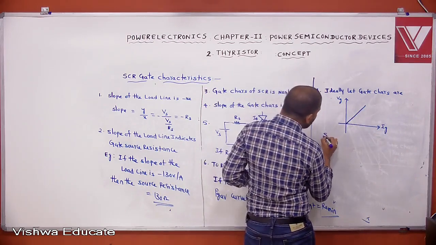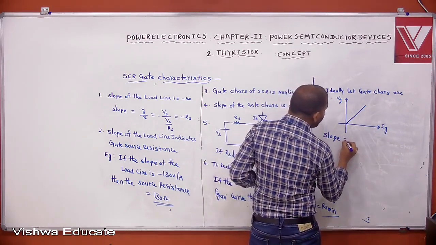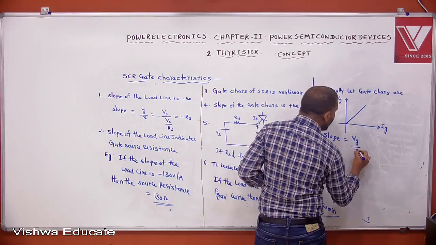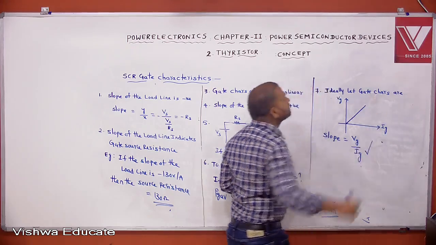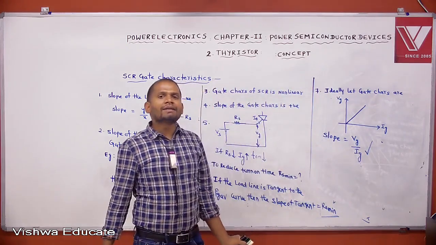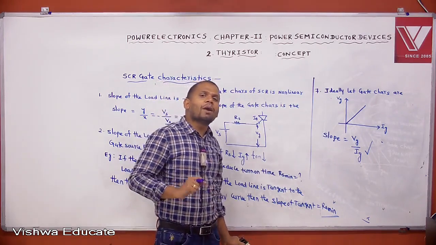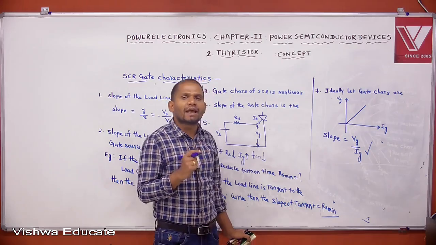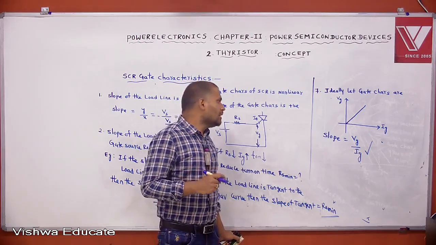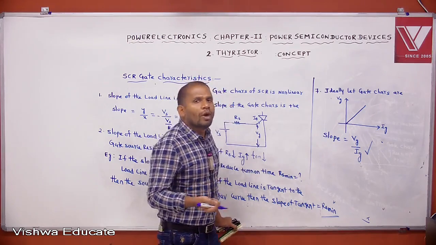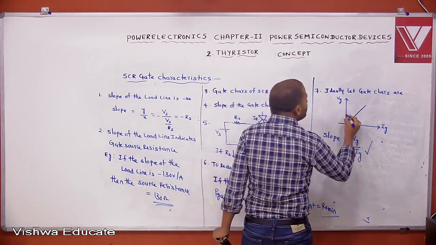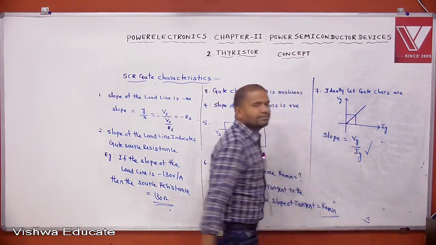Then what is the slope of the gate characteristics? The slope equals VG by IG. If it is a linear characteristic, the slope is defined as Y by X. The Y axis is VG, the X axis is IG.